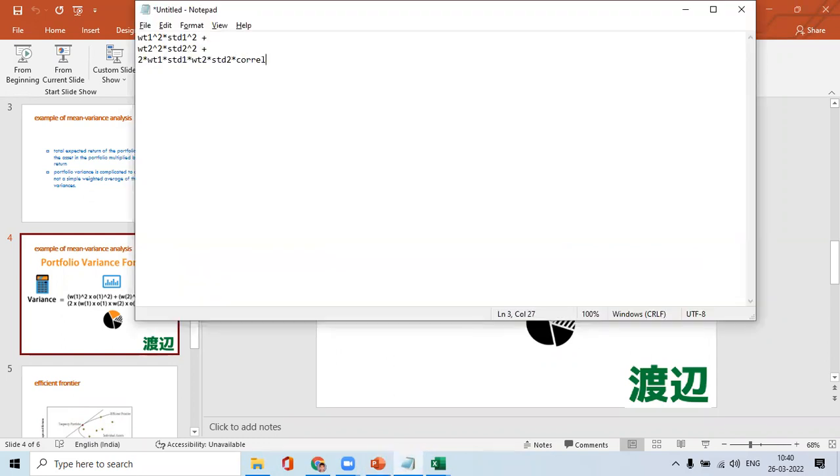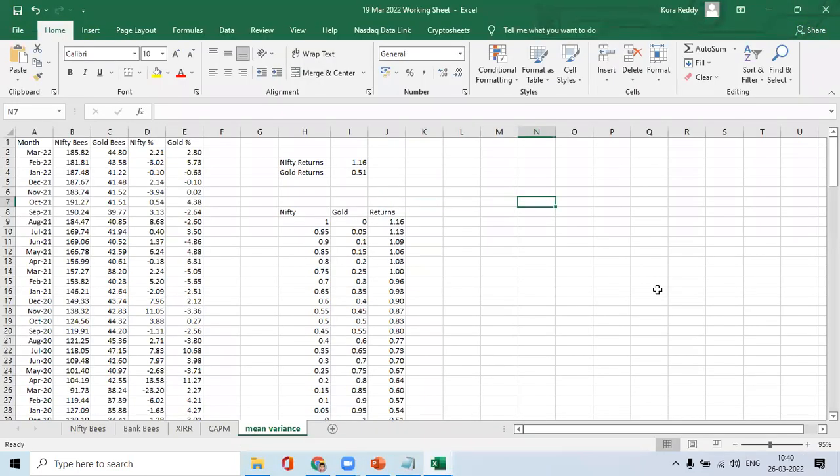So this is the formula. And standard deviation is the square root of this.